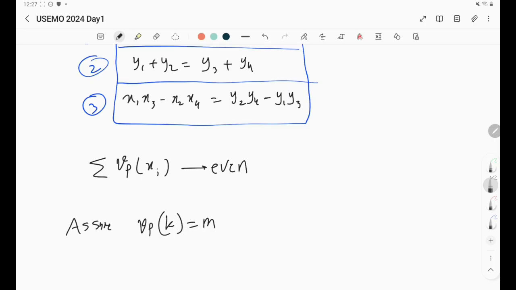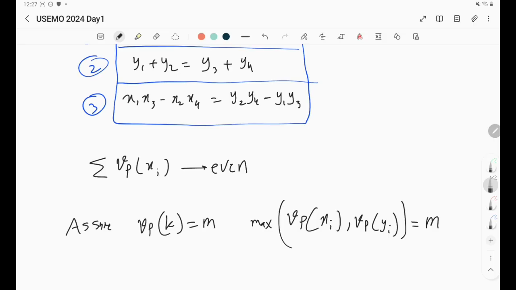And what we know right now is that the VP of xi and the VP of yi, one of them, or the maximum actually, is equal to m, right? This is true for all of 1, 2, 3, 4.